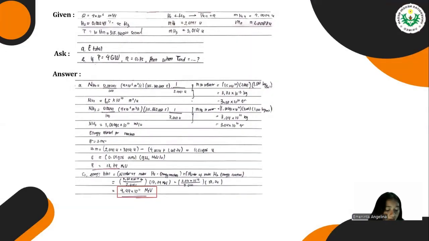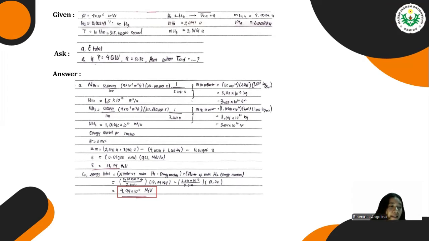And first of all, like usual, we write the given and ask from the problems. The discharge of the water, Q, is equal to 4 times 10 to the power of 6 meter cube per second.